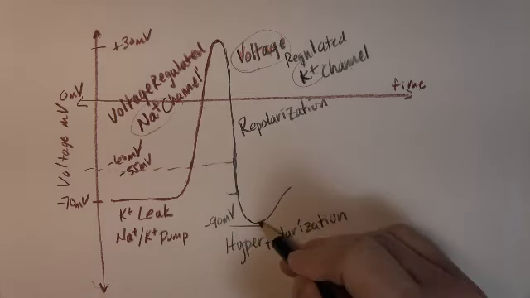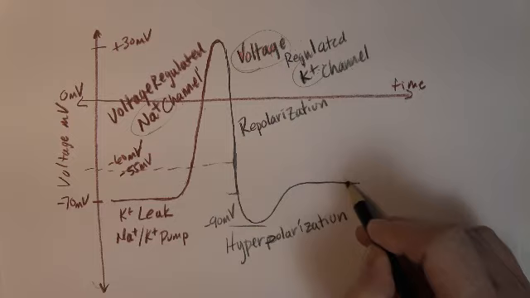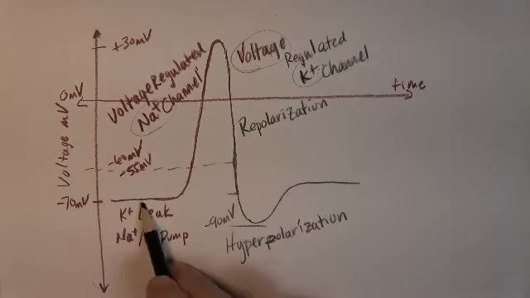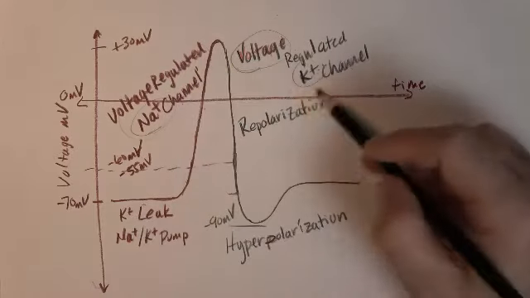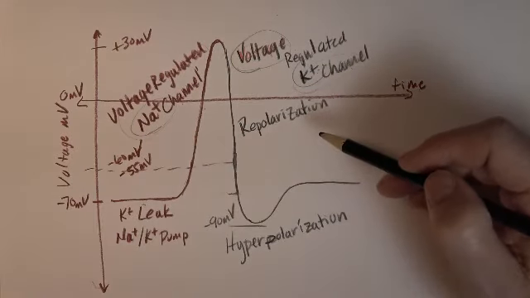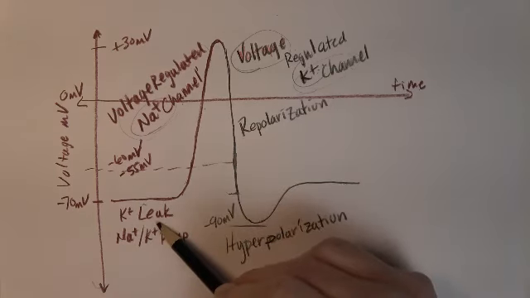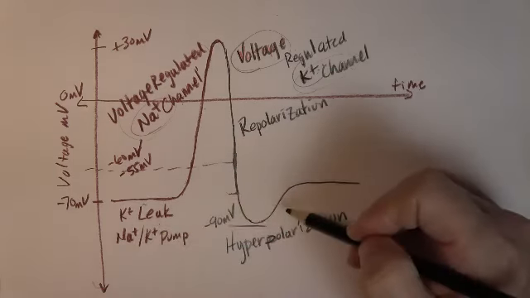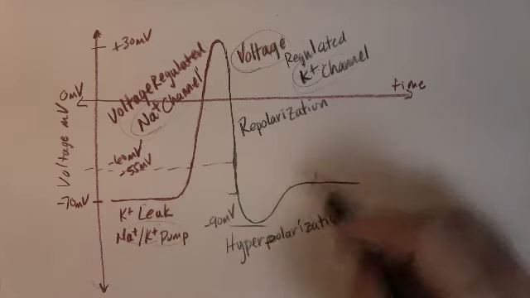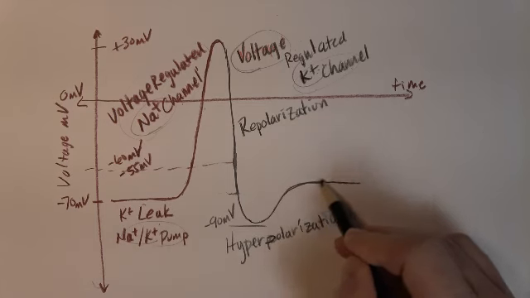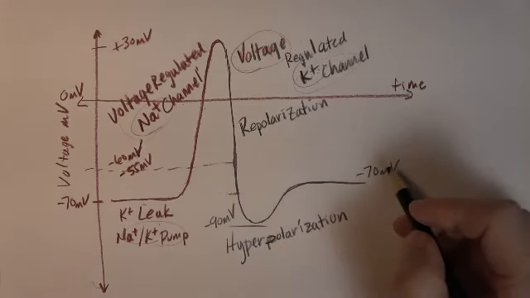And what brings it back to this resting potential, back to being like it was before, is because both the sodium channel and the potassium channel are now closed. But remember, these potassium leak channels are open, and so we get some potassium to leak out. And then the sodium-potassium pump also begins to work, and it gets regulated until it gets back up to its resting potential at negative 70 millivolts.